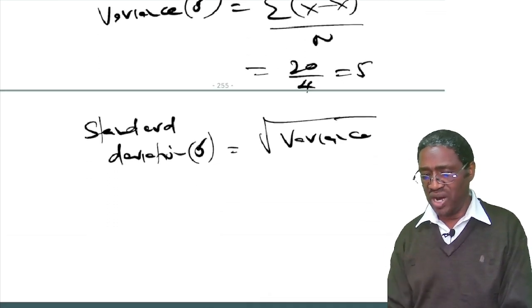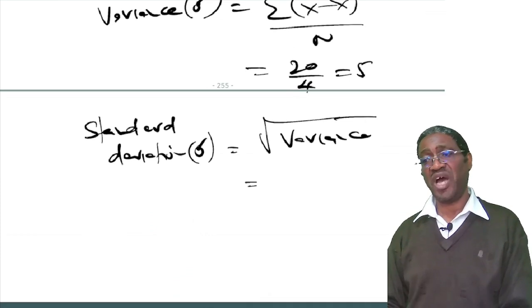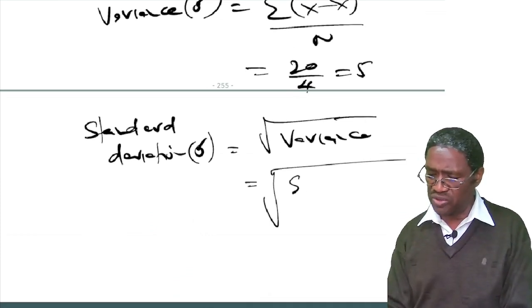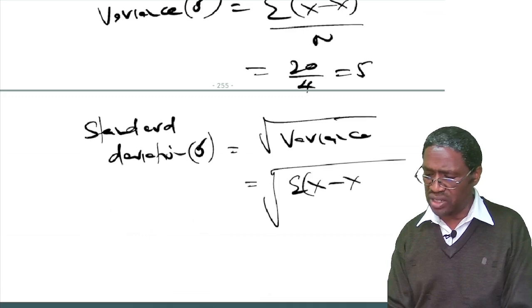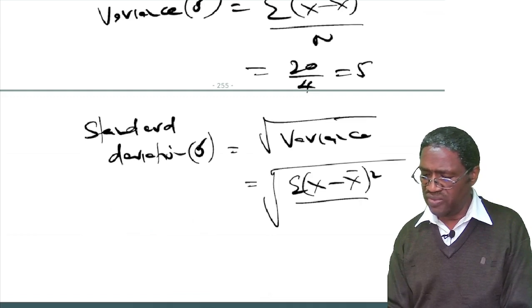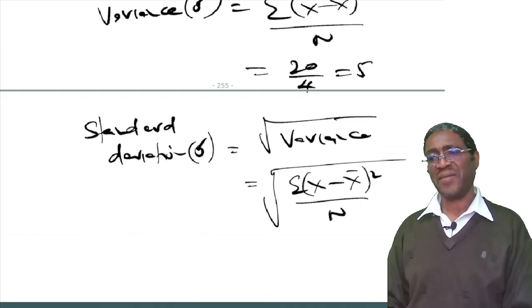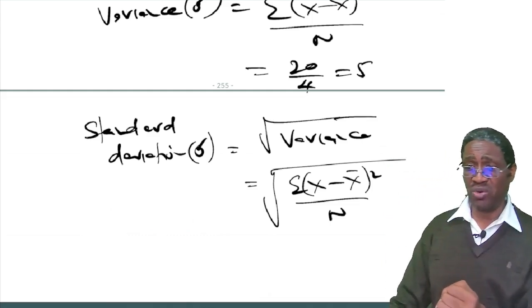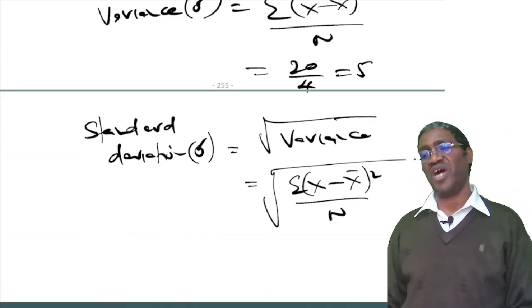Our variance is 5. So it is the square root of the summation of x minus x bar squared, divided by n. You take whatever the variance is, put the formula in the square root, and get the square root of that variance.